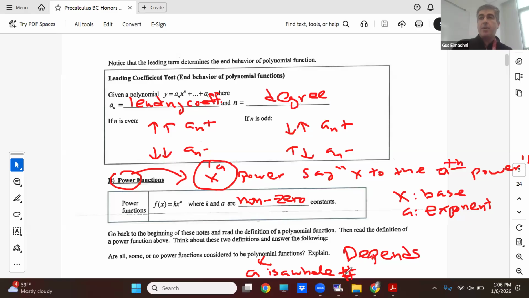Because you could technically have A be negative, in which case that'd be rational. Or if it's a fraction like 1/2, what is A to the 1/2 power going to be called? Yeah, radical. You get radical functions too. So that's a possibility.